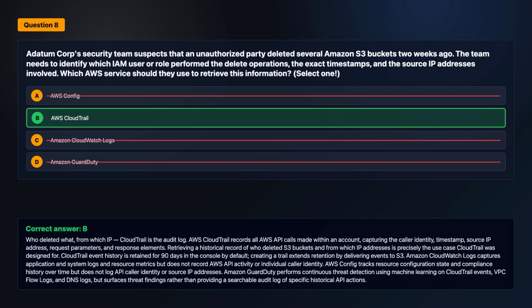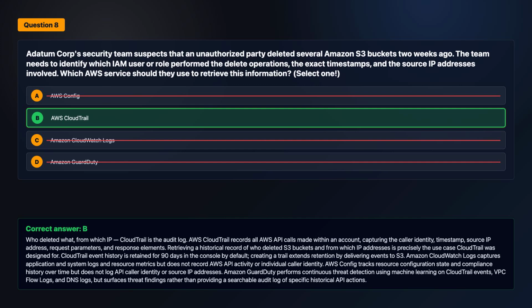CloudTrail event history is retained for 90 days in the console by default. Creating a trail extends retention by delivering events to S3. Amazon CloudWatch Logs captures application and system logs and resource metrics, but does not record AWS API activity or individual caller identity.